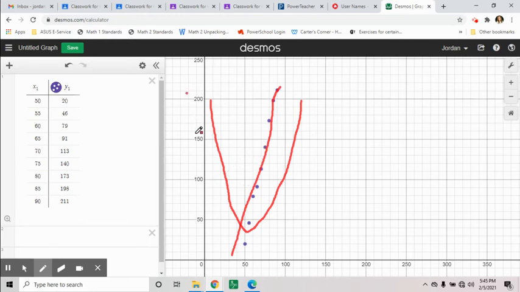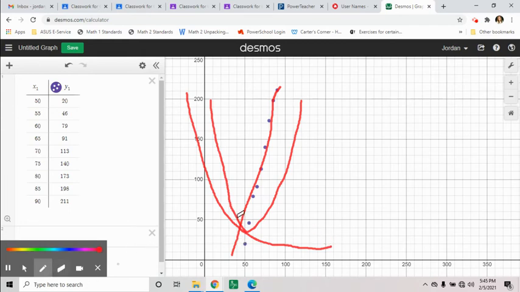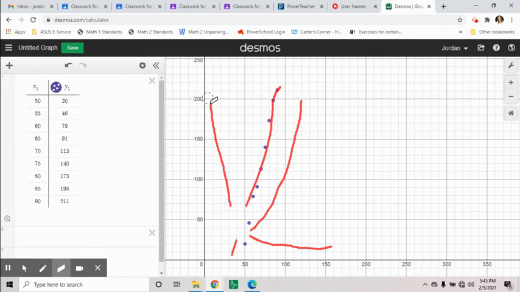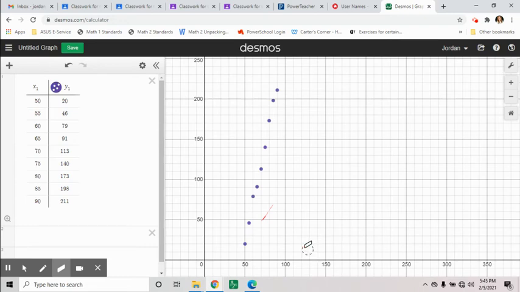Or does it look exponential? And to me, it looks linear. It doesn't look like they're all straight on that line, but it does look linear more than any other model. Like, I don't even see how I could make that fit on quadratic or exponential. So I'm going to choose linear. I think it looks linear.